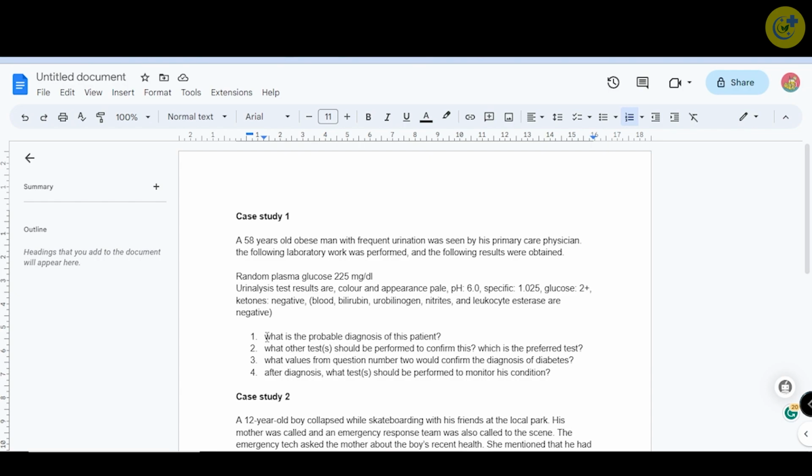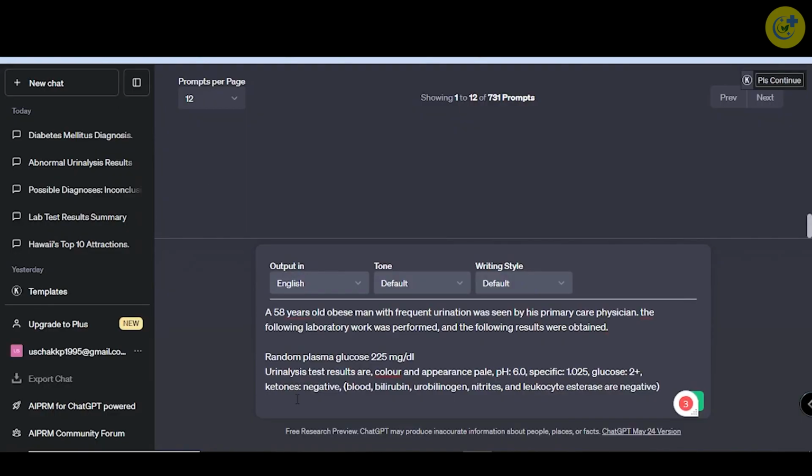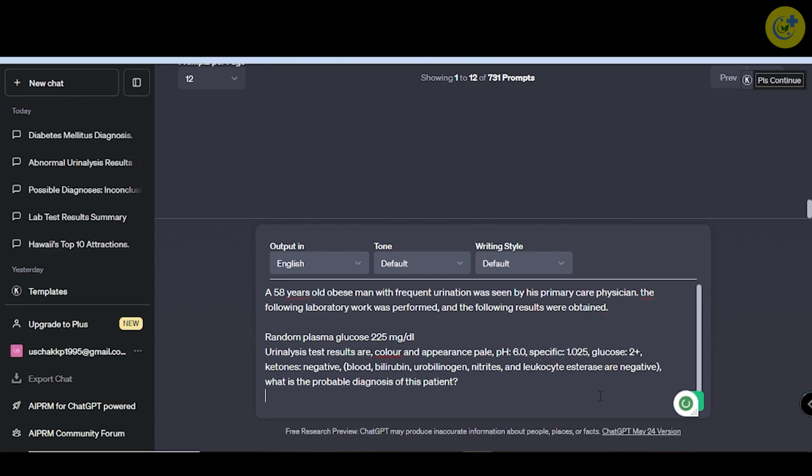What is the probable diagnosis of this patient? So I copy and paste. Then enter.